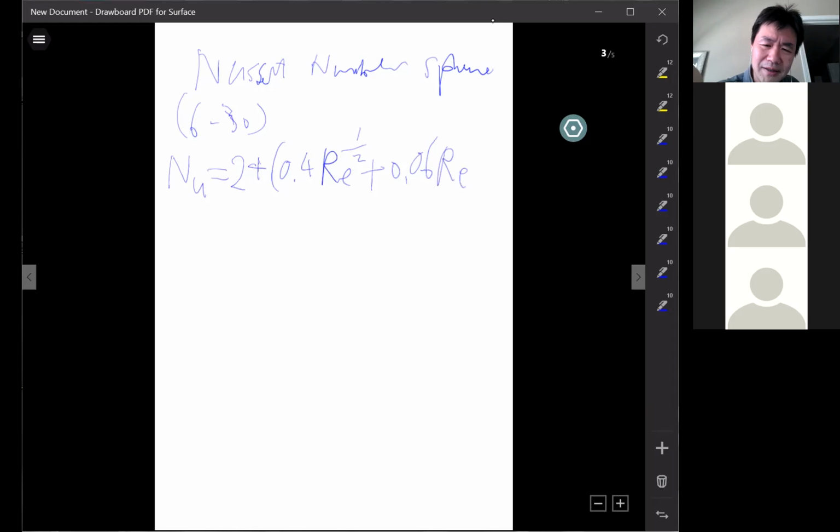I think that's why those researchers try to use the fluid temperature to evaluate the properties, because the film temperature requires the wall temperature, which is sometimes difficult to obtain if it's not an isothermal condition. The only thing the wall temperature is needed for is the viscosity here. Okay, that's the equation for the sphere.